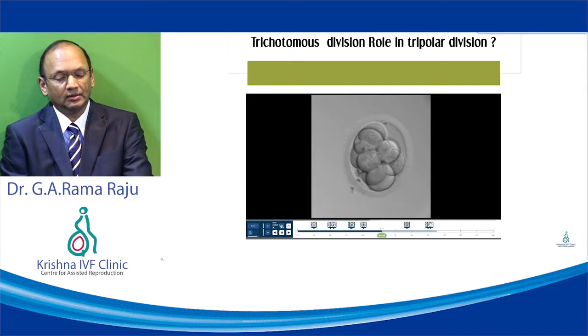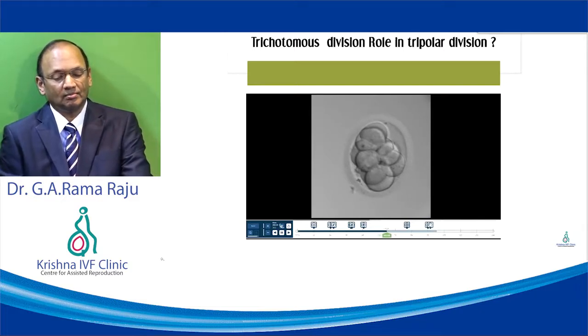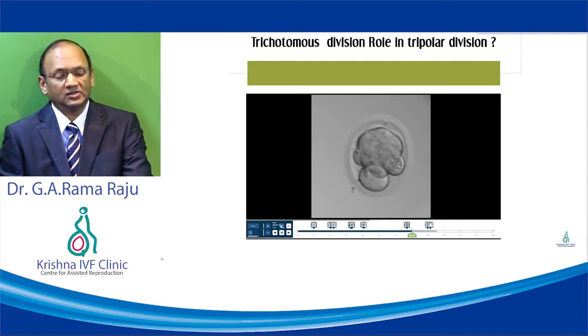If you observe this, this is a cell that has gone through the changes. At 80 to 90 hours it underwent compaction, but the extra cell remained in the same position.